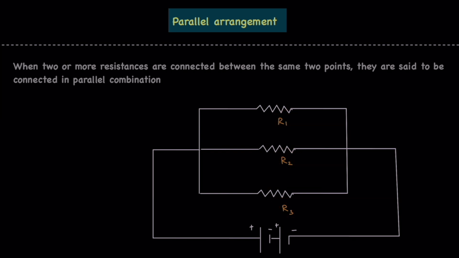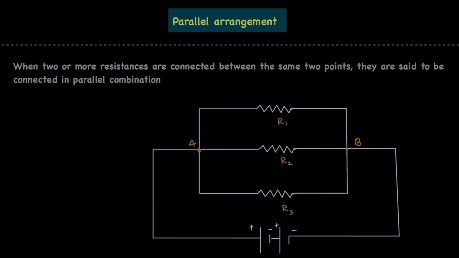R1 is connected to point A and point B. R2 is also connected to the points A and B. R3 is also connected to the points A and B. So here we can say that all the resistors R1, R2 and R3 are connected to the same 2 points. So it means that this arrangement is said to be a parallel arrangement.